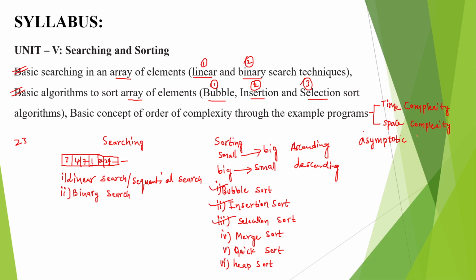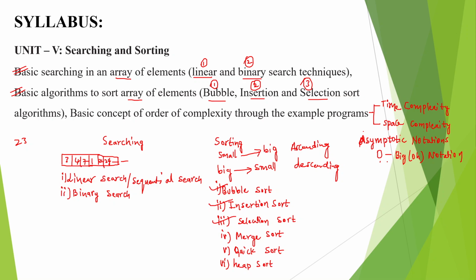To measure the time complexity and the space complexity, we have to go for asymptotic notations. We have three different notations: the best, worst, and average case notations. The big O notation, big O. It is something like the alphabet O.